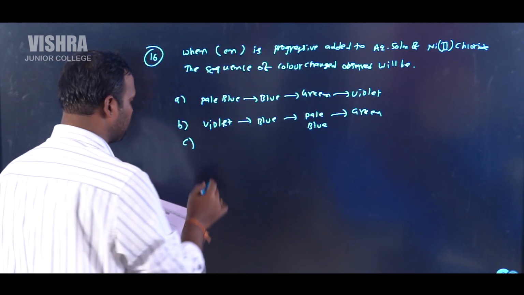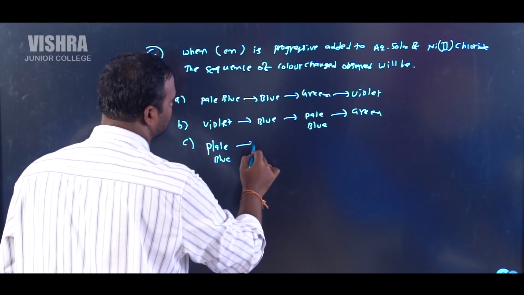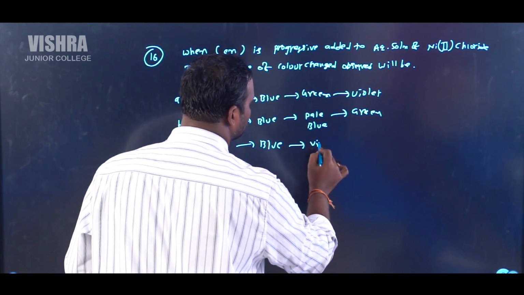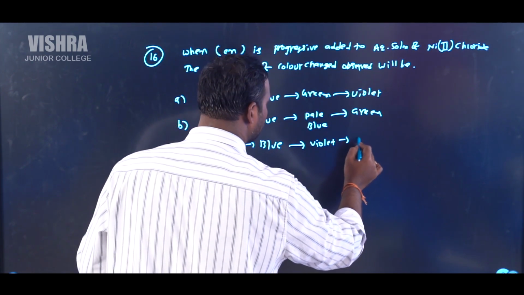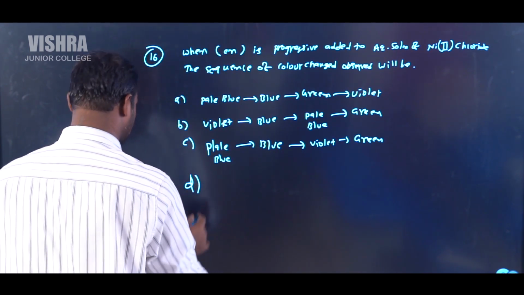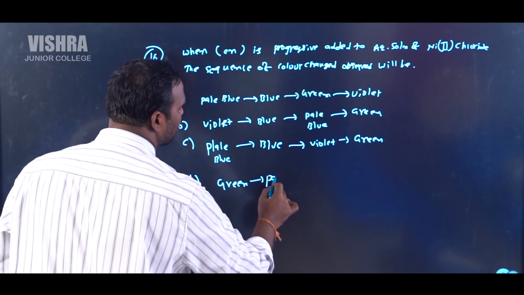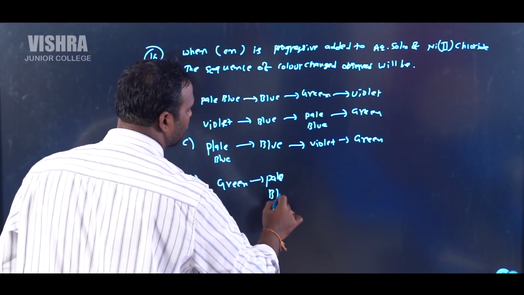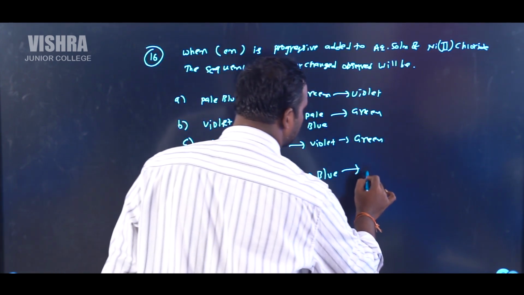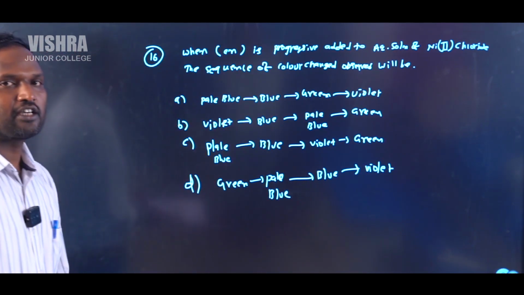Third option is pale blue to blue, blue to violet, violet to green. Fourth option is green to pale blue, blue to violet. Which one is the correct option in this case?